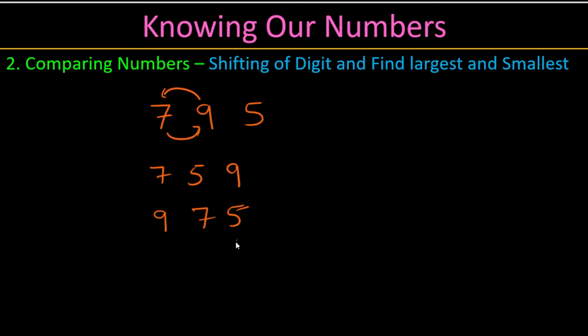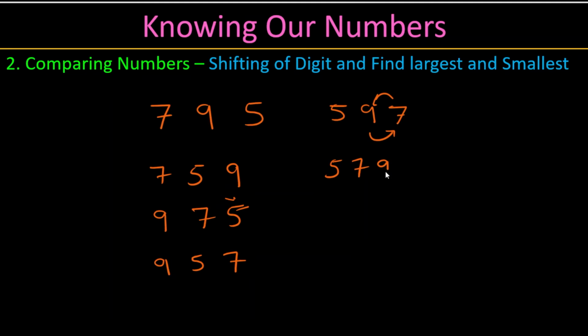Then 5 comes here and 7 goes here, 9 remains the same. 5, 7. Now 5 goes here and 7 goes here. 5, 9, 7. And now 9 goes here, 7 comes here. 5, 7, 9. Okay, now it becomes totally 6 numbers.